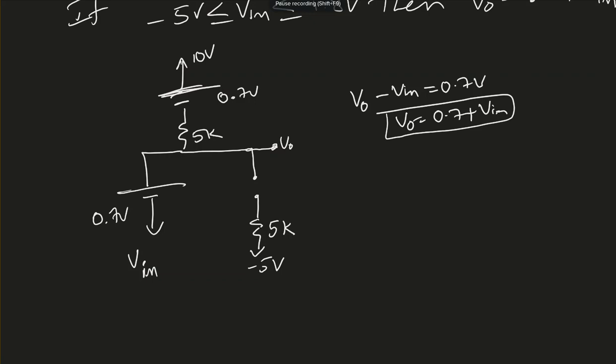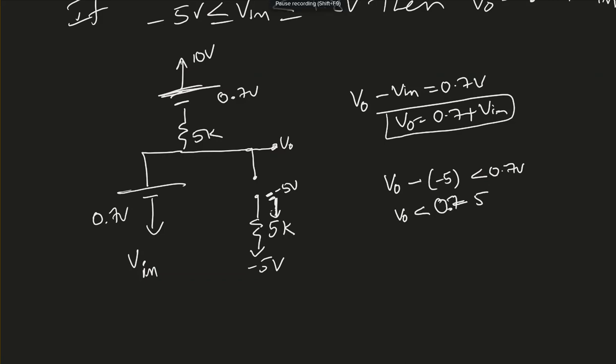Now to find the condition, since this is open, there is no current passing through it. The voltage at this point is negative 5 volt. So V0 minus 5 must be less than 0.7 volt. Based on this, V0 must be less than 0.7 minus 5.